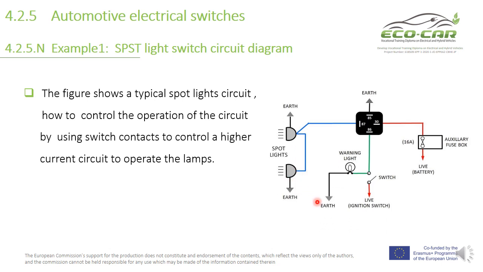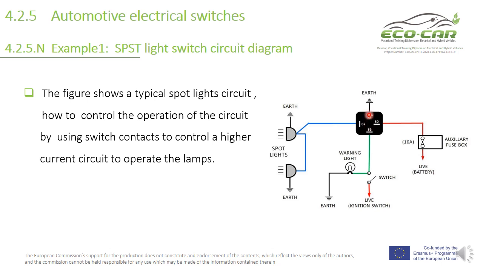So here we have a complete circuit, how to control two lamps with a single pole, single throw switch, to control this line, which is the hot line, which is the positive, to pin 86 of the cutout or the relay.